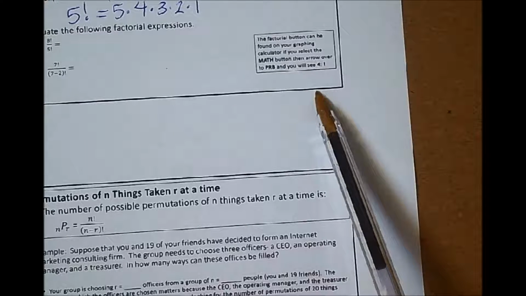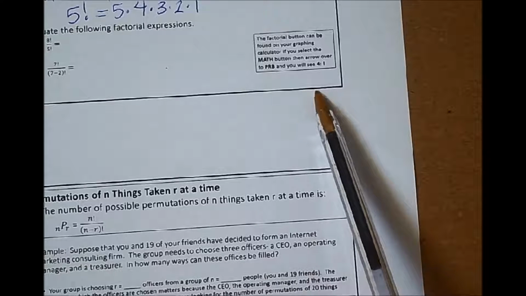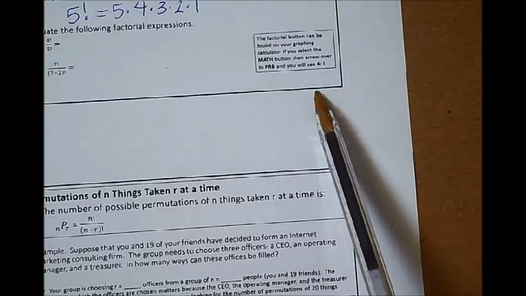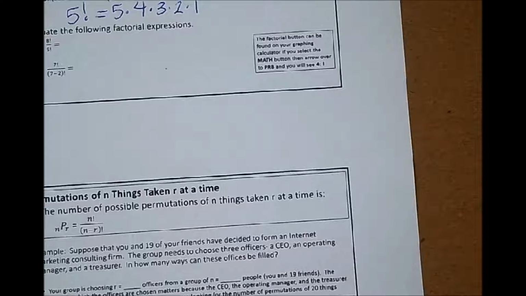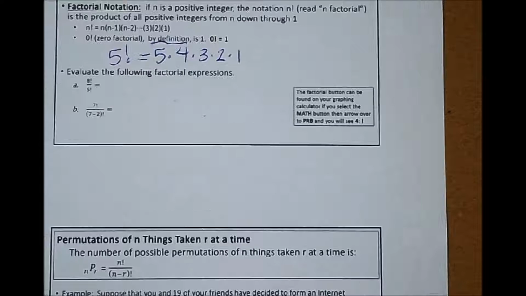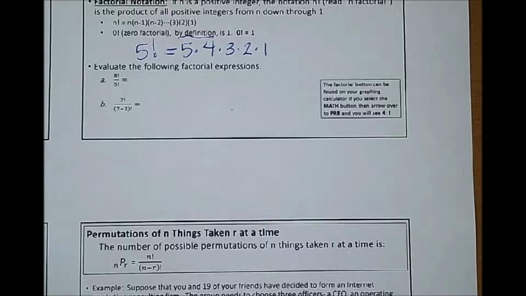If you select the math button, then arrow over to PRB, you will see 4: exclamation point. Writing's a little small. We have 8 factorial over 5 factorial.